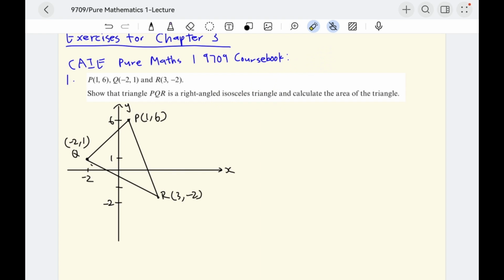Any two sides have equal length. Second, what is a right-angled triangle? It means that the triangle must have a right angle of 90 degrees.